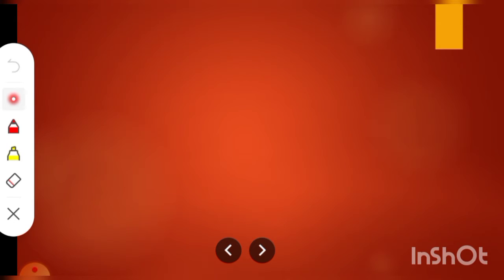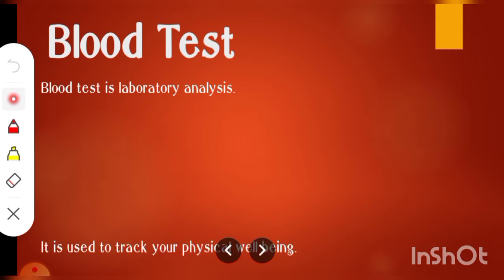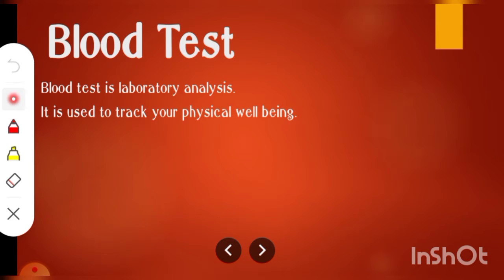Before starting about malaria, let us see about the blood test. A blood test is a laboratory analysis. That means it is an analysis done in labs. It is used to track our physical well-being. Are we physically fit?